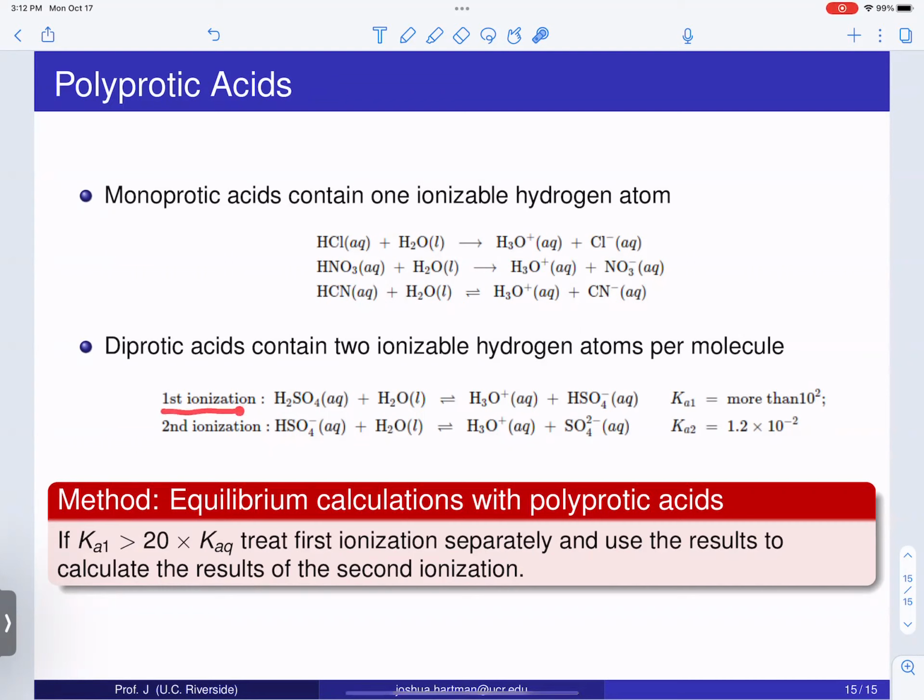You're going to have a first ionization that corresponds to taking your initial acid and transferring one of those hydrogen atoms to form your hydronium, and you're going to have some Ka value associated with that. Okay, now once you form this product, I'm going to highlight this product here of the first ionization. Well, that product of the first ionization can become the reactant of the second ionization and then give up an additional proton, right? And there'll be an associated equilibrium constant for that step as well.